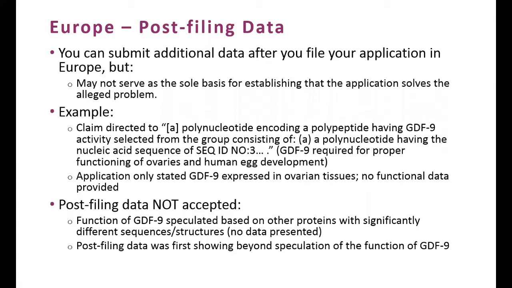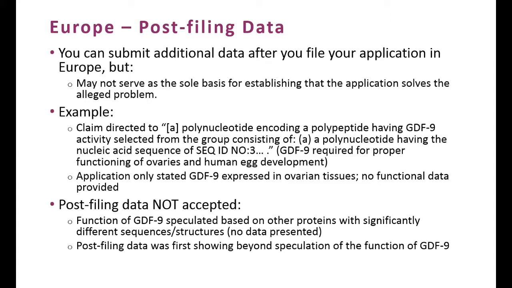First, the EPO pointed out that the functions that the applicant speculated for GDF9 were based on proteins that had different sequences and structures, and it had very, very low sequence homology. And secondly, the post-filing data was the first showing of what the function of GDF9 was.